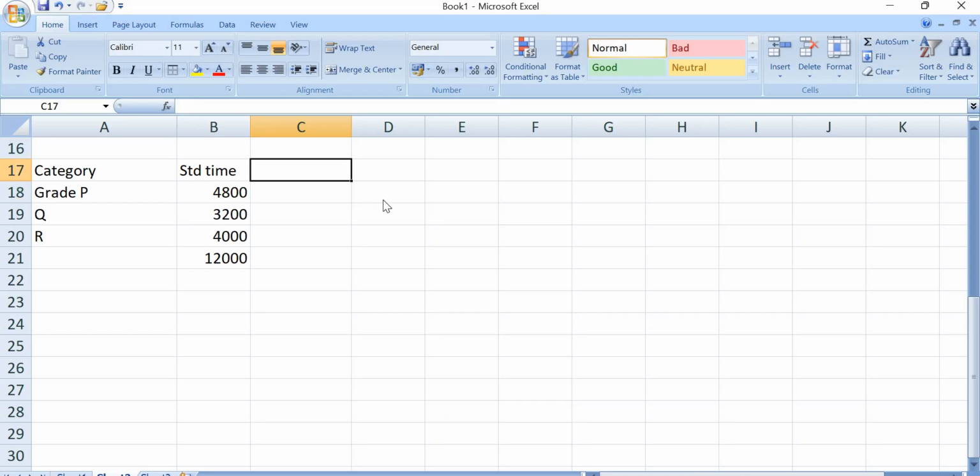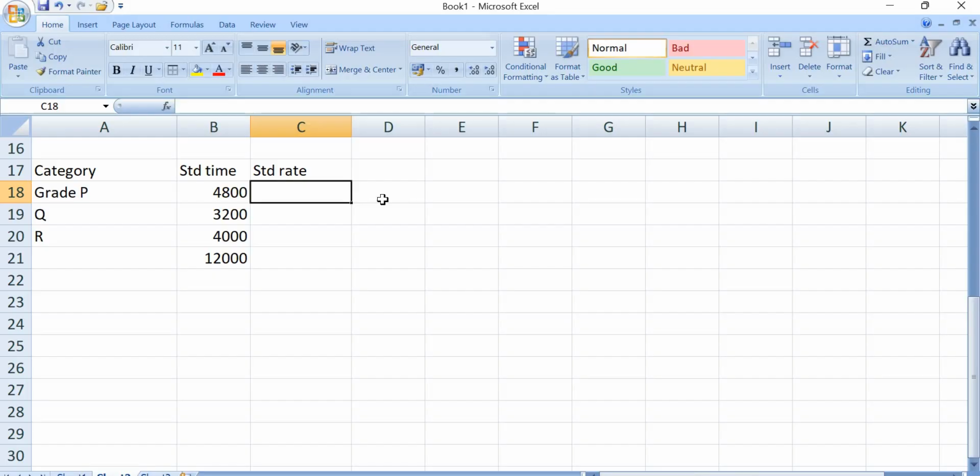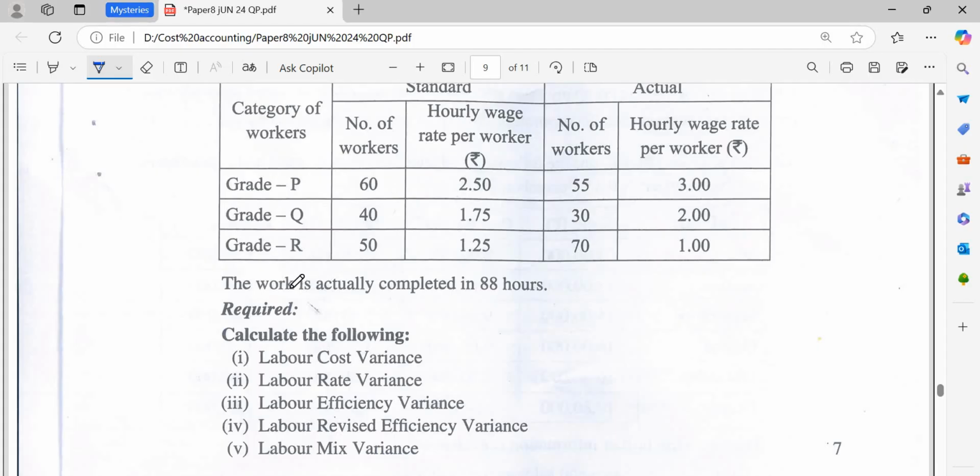So we have standard rate as well. So standard rate 2.5, 1.75, 1.25. Then I require actual time. So actual time they have completed in 88 hours. So each worker has taken 88 hours.